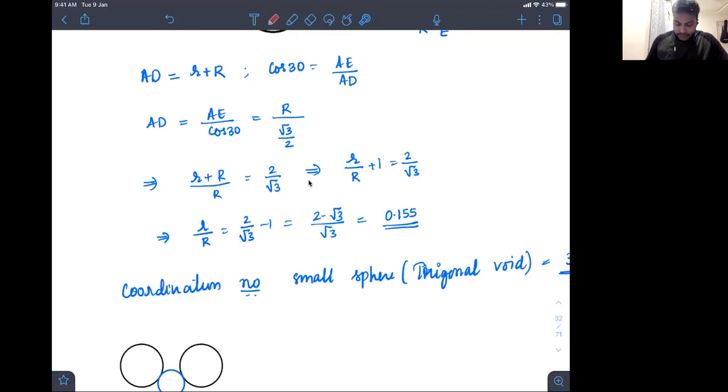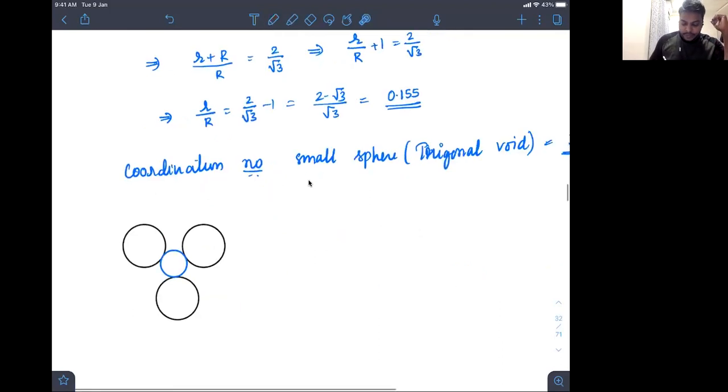This is how the things will start changing, correct? So imagine these three won't touch anymore, but it will still be a triangular void, but these three will not touch anymore. So what happens? Instead of being 0.155, here r by R will be greater than 0.155. But you would say, sir, that way we can extend up to any level, right? So we can keep on extending as the inside atom will become bigger.